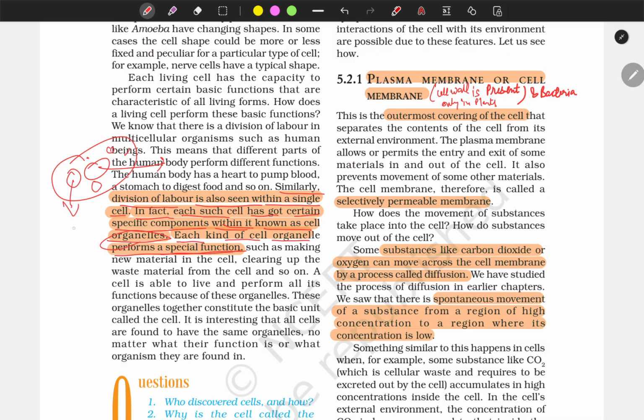Some generate proteins, some generate fat, some do packaging, and some other thing digests non-usable items. So inside these organelles there is a division of labor inside a single cell.